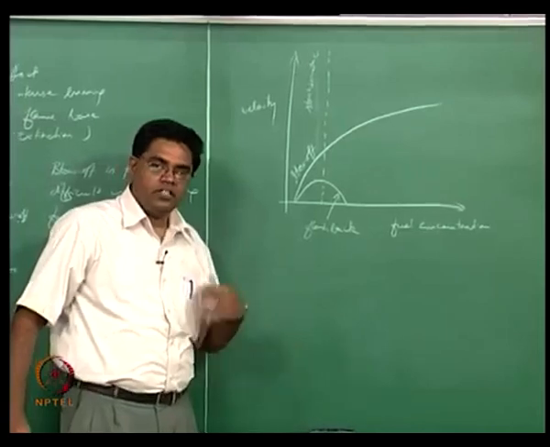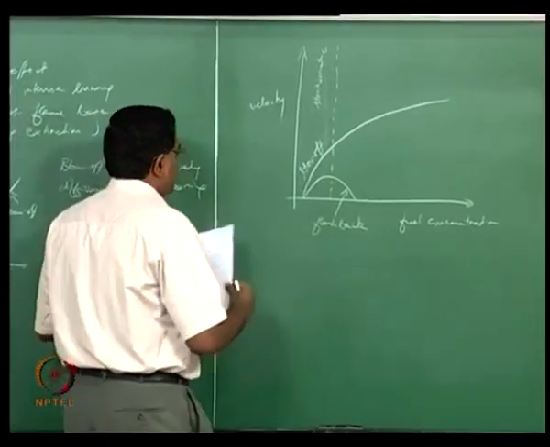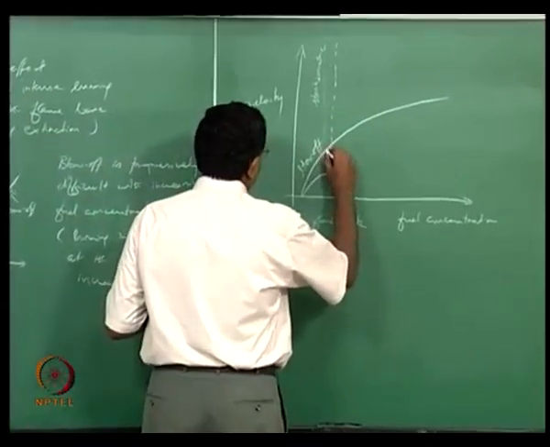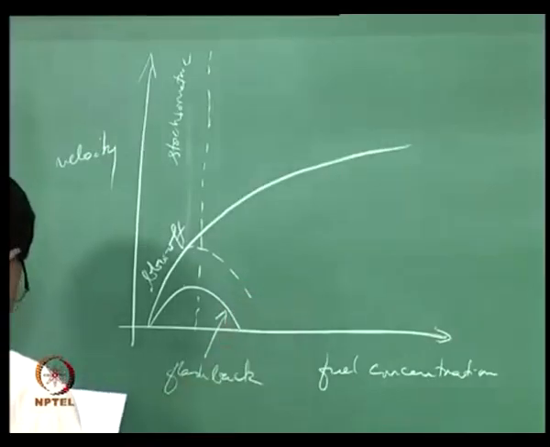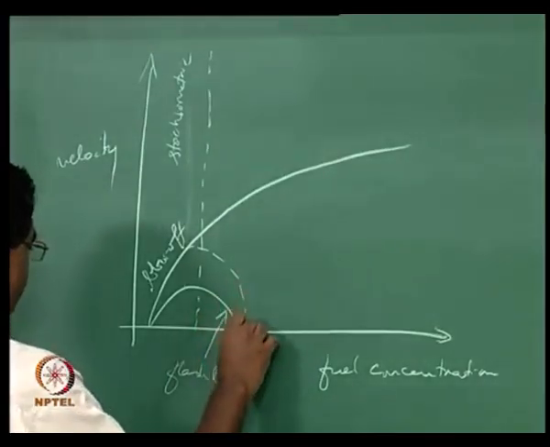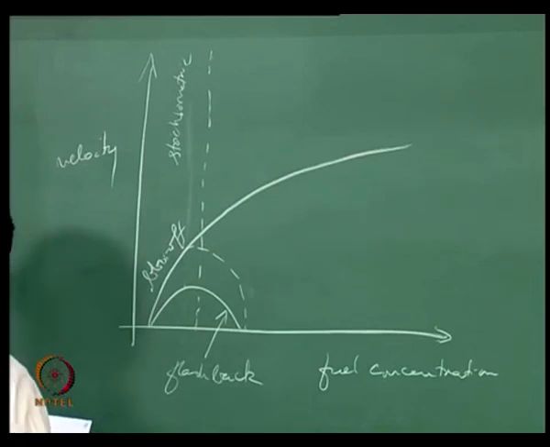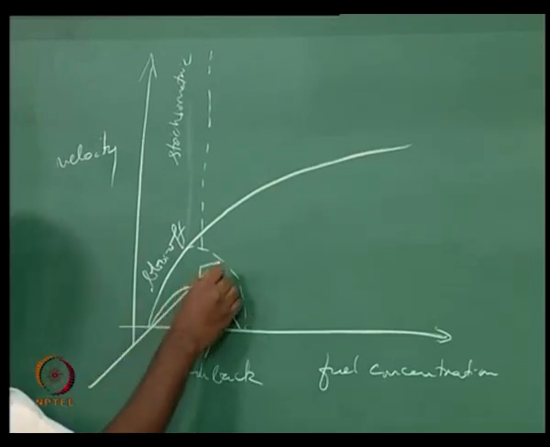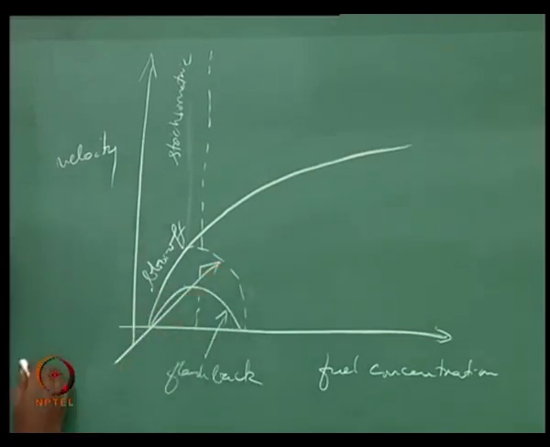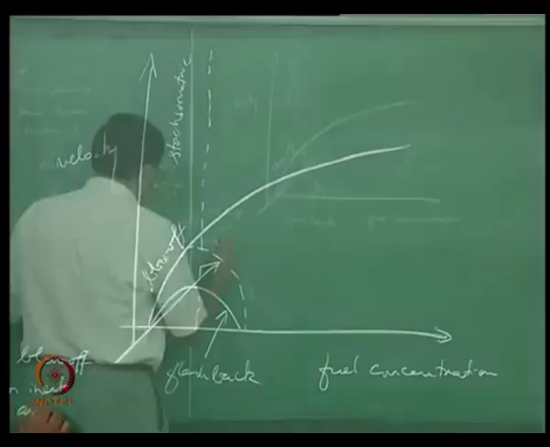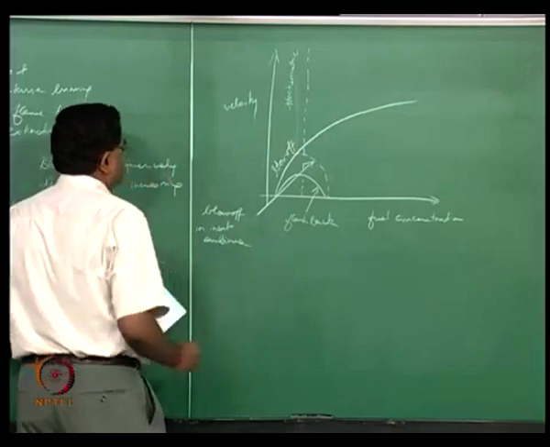But if you had an inert ambience, you will have a curve that goes back like this. So this is blow off in inert ambience.